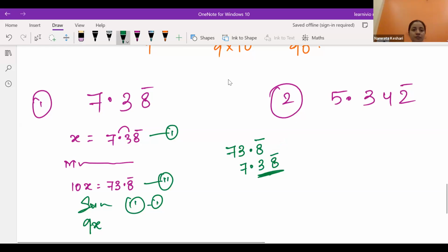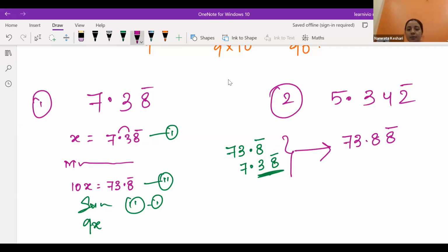Yes, ma'am. This can be written as 73.8 and then 8 bar, because 8 bar is 8 repeating infinite times. So if I pull one, it doesn't matter at all. Okay. Now the below one will contain 7 minus 3 8 bar.